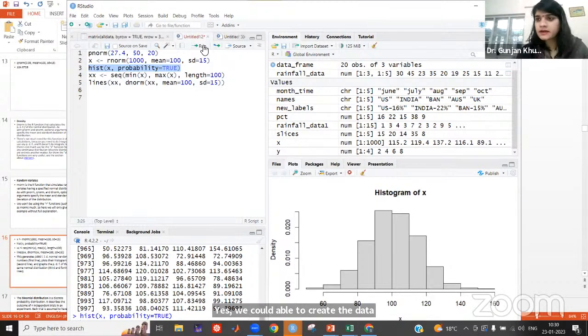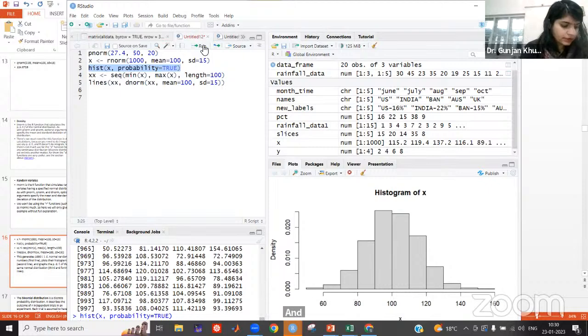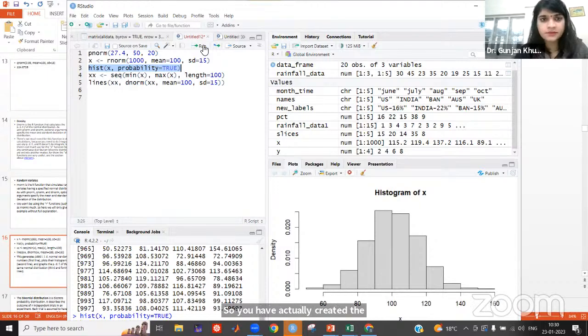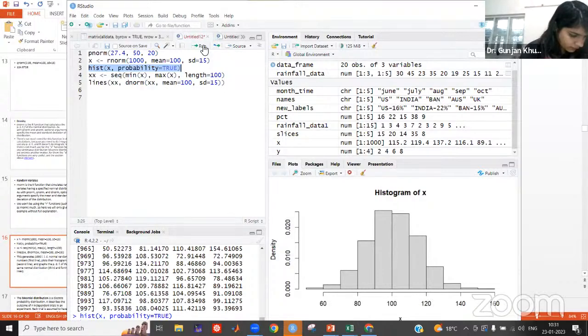And you can see that data also. Yeah, I can see. So you have actually created random numbers, 1000 random numbers with mean 100 and standard deviation 15. Now just run the next command. Histogram: hist(x, probability = TRUE).